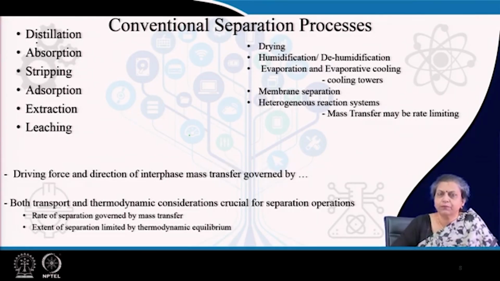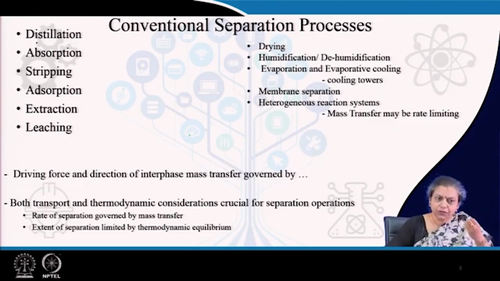For example, suppose evaporation. What happens? There is some amount of liquid which volatilizes into the air on the vapor phase. But in this case, it is important to remember that the rate of mass transfer which occurs in this particular case, that is not governed by the equilibrium considerations.